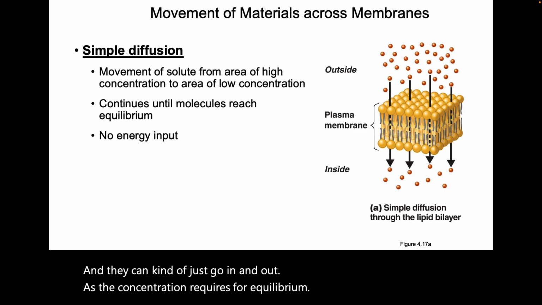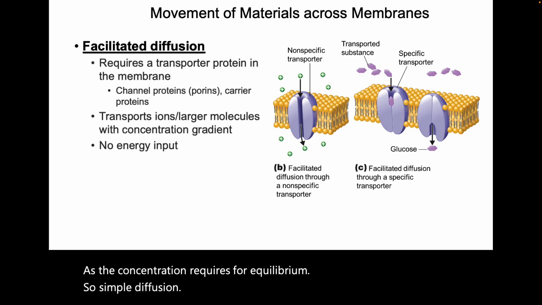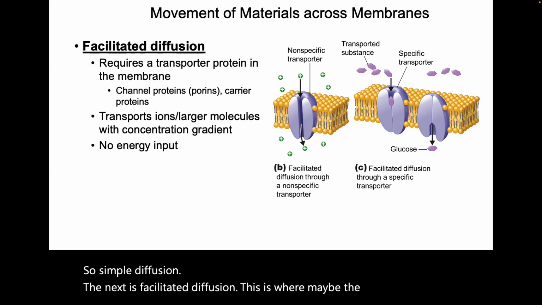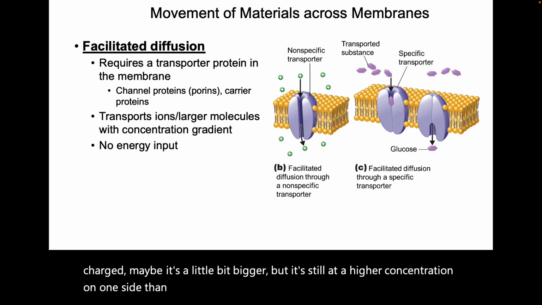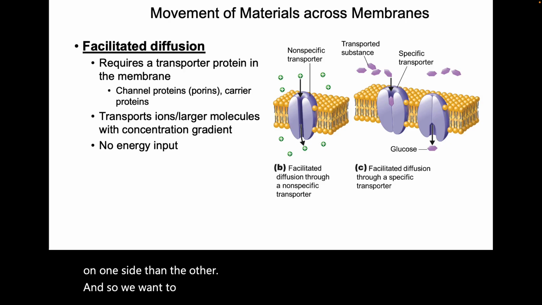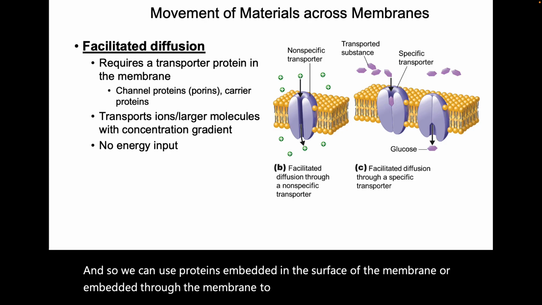So simple diffusion. The next is facilitated diffusion. This is where maybe the molecule is charged, maybe it's a little bit bigger, but it's still at a higher concentration on one side than the other. And so we want to reach that equilibrium. And so we can use proteins embedded in the surface of the membrane or embedded through the membrane to allow that to happen.